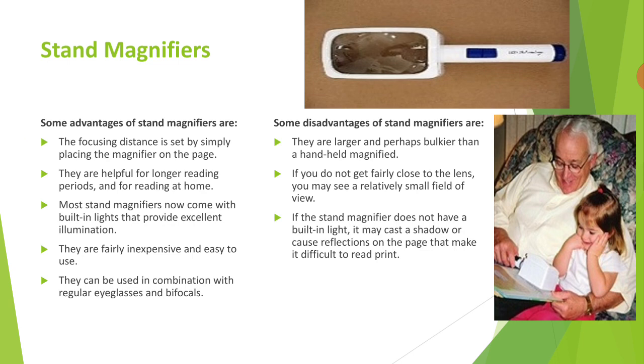Most stand magnifiers now come with built-in lights that provide excellent illumination. This is an example of a stand magnifier with a built-in light, which increases illumination to see numbers or letters more clearly, when the patient just wants to enjoy reading books.